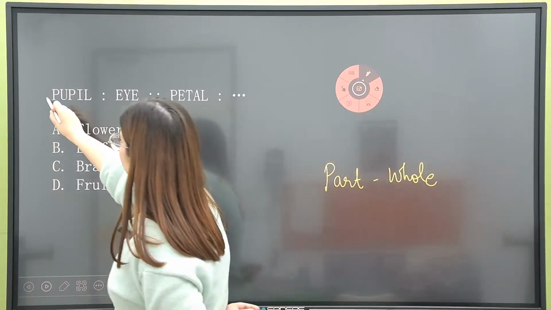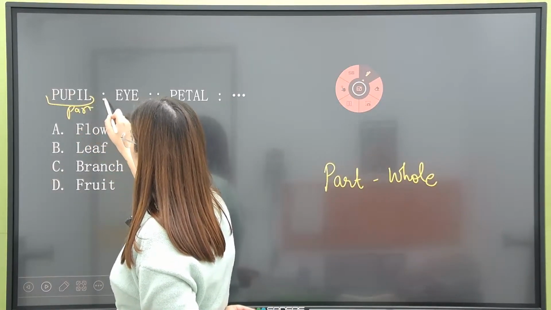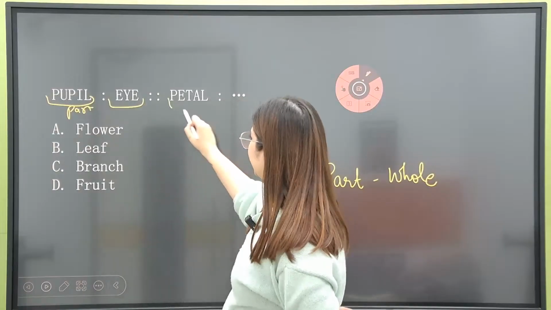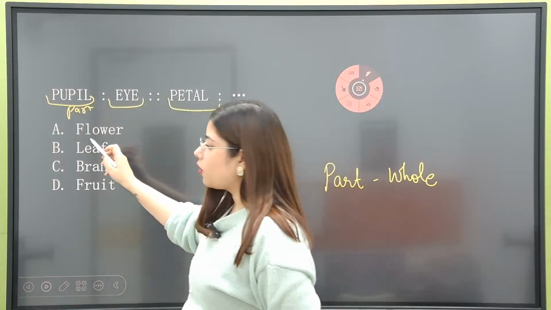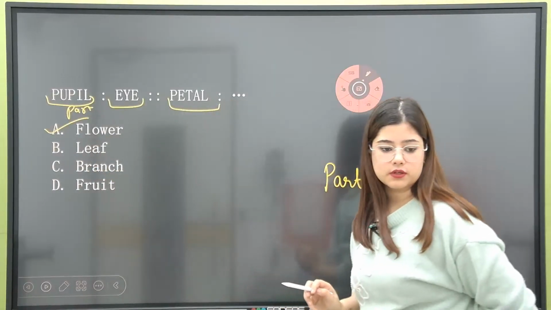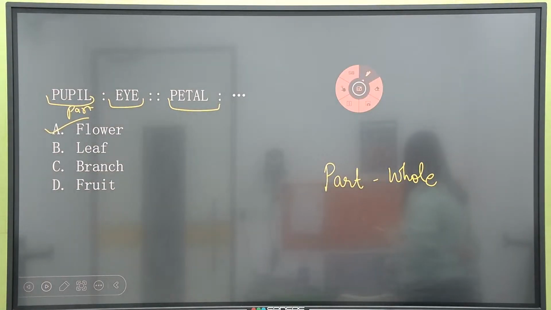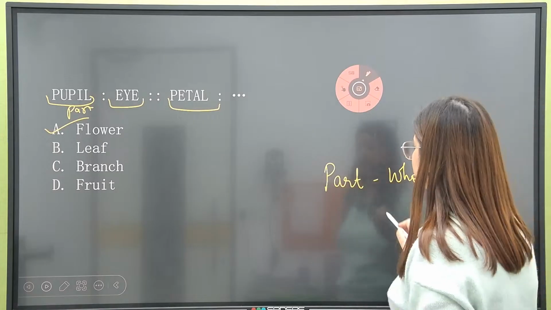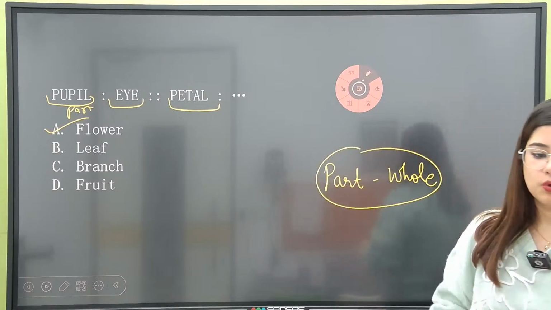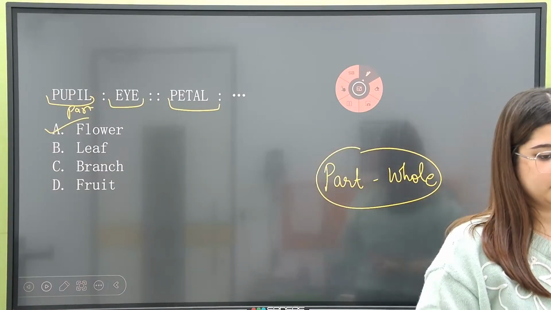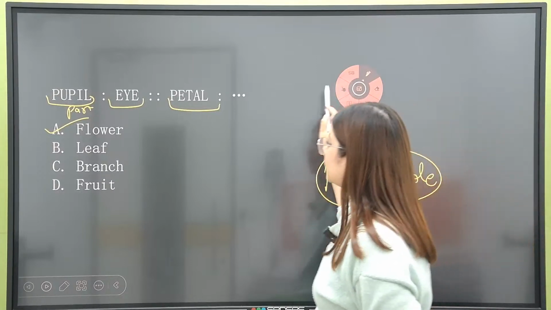Pupil is a part of an eye. Petal is a part of a flower. So the relationship here is part to whole.